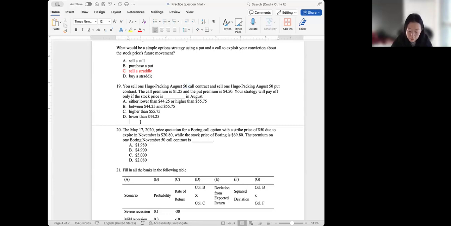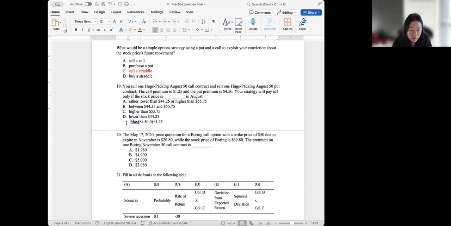So the price is 1.25, and then our stock price ST minus 50. We will be paying this 1.25.